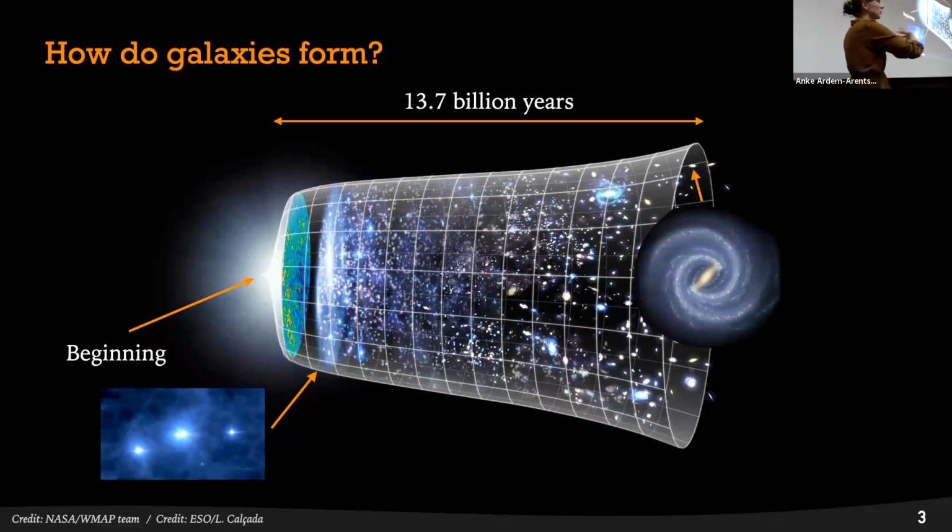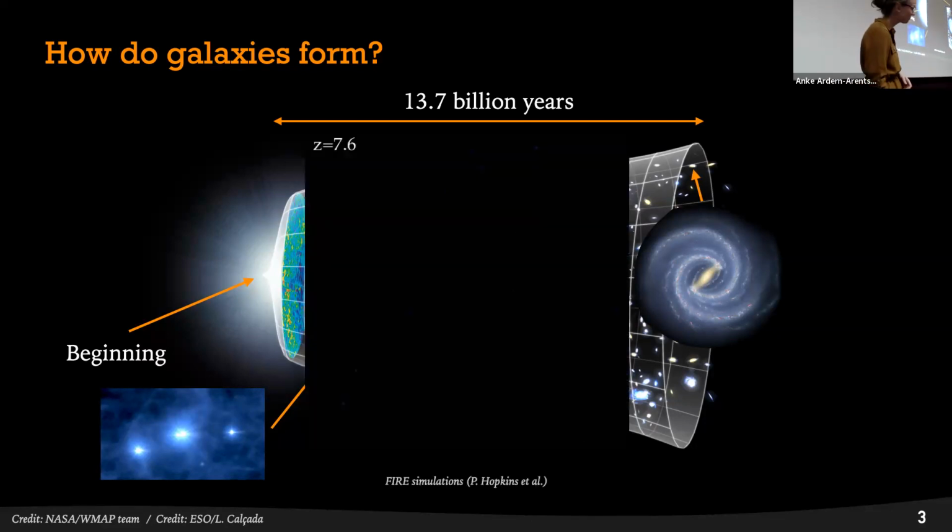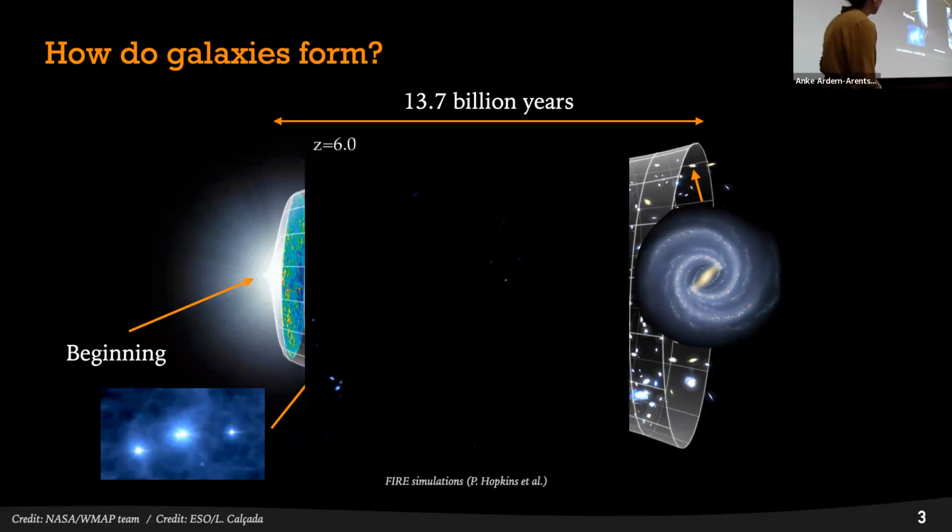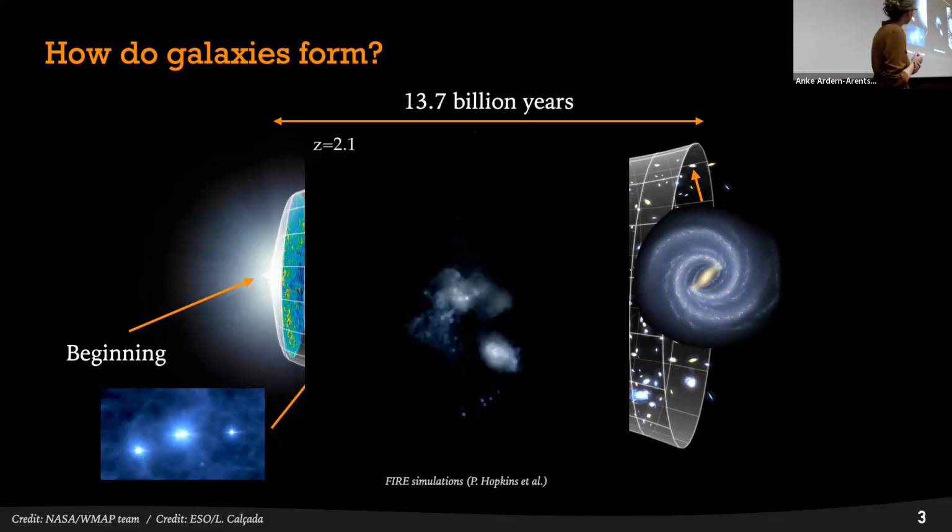Along the way, you gradually form larger and larger structures. This video is a simulation of the formation of a galaxy. You can see very small bits that are growing and coming together. These are small clumps of stars and gas that are coming together to build a larger and larger galaxy. These small clumps, we call the building blocks of a galaxy.